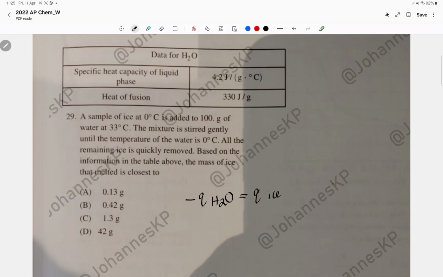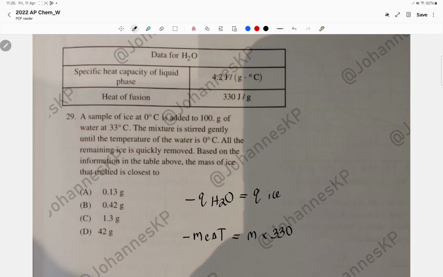You should always put negative on the Q of the hotter object. Now, the water is not going to change phase, the ice will. So for the water it is going to be negative MC delta T. For the ice, it's going to be the phase change, which means the mass of the ice times the heat of fusion of 330.